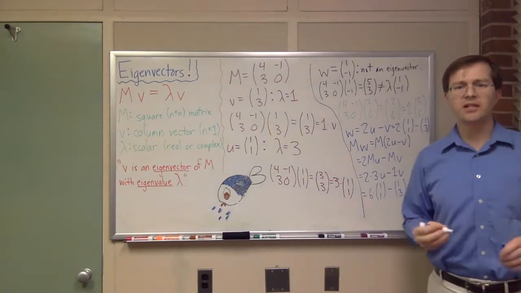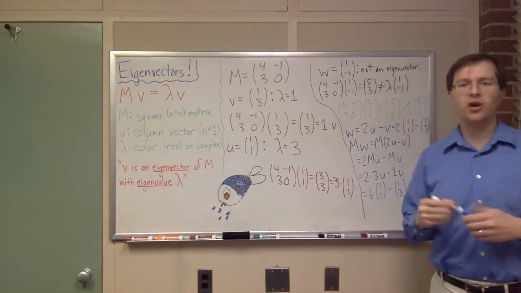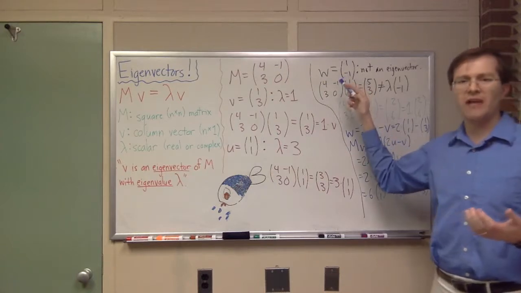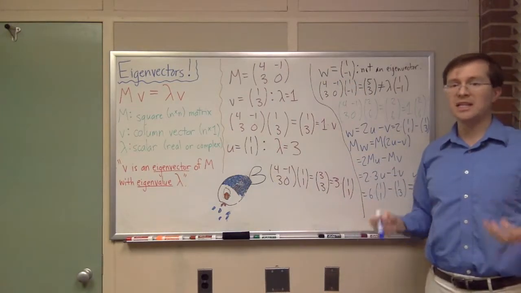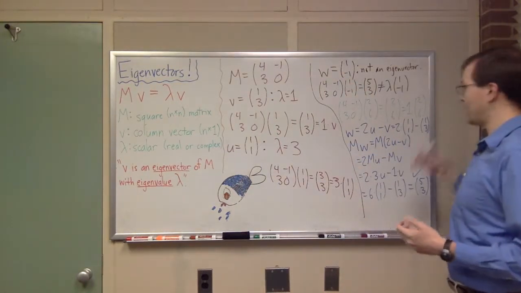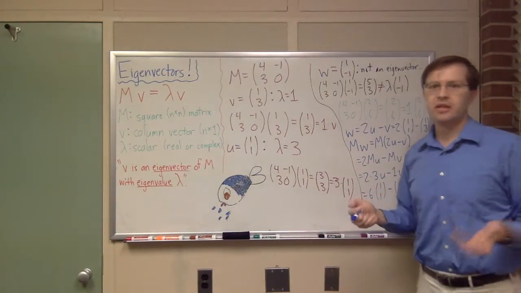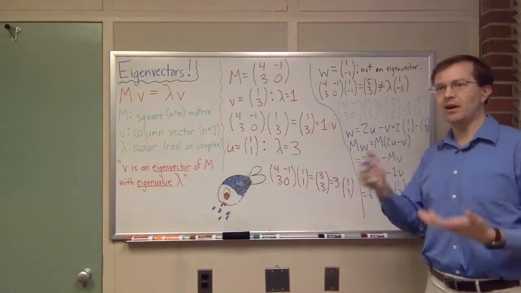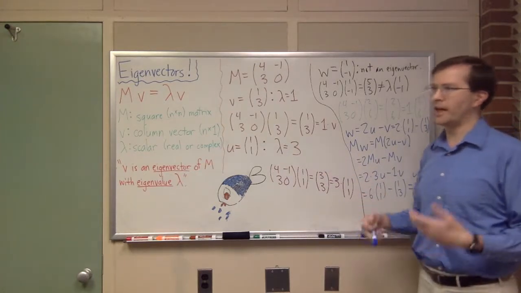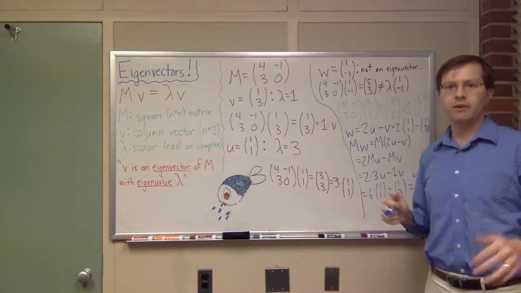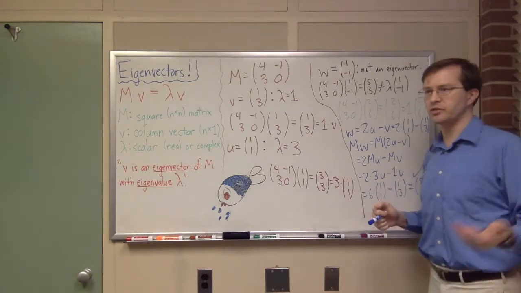So this is actually a hint of why eigenvectors are useful even if most vectors are not eigenvectors. It turns out that especially in cases where you have, in linear algebra terms, a basis of eigenvectors, enough eigenvectors that you can make any other vector out of them. If you have an n-dimensional space, you need n eigenvectors, and that's often true in the matrices we work with in physics. We'll see why later.